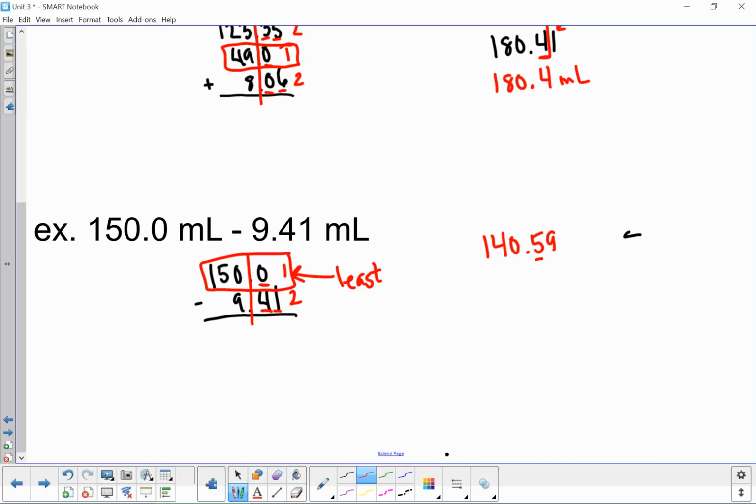That happens right here at this 5. So I'm going to write 140 point, and now I just have to decide, should I leave it as a 5 or should I round it up to a 6? So look directly after it at that 9. Because 9 is greater than 5, that means you're going to round it up. So your final answer is going to be 140.6 milliliters.